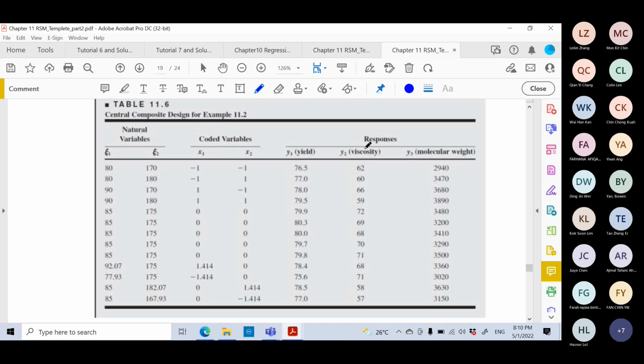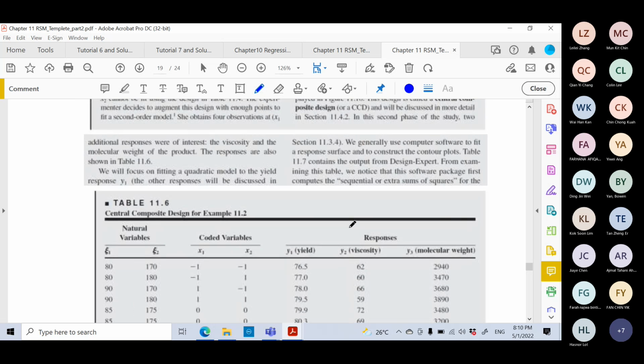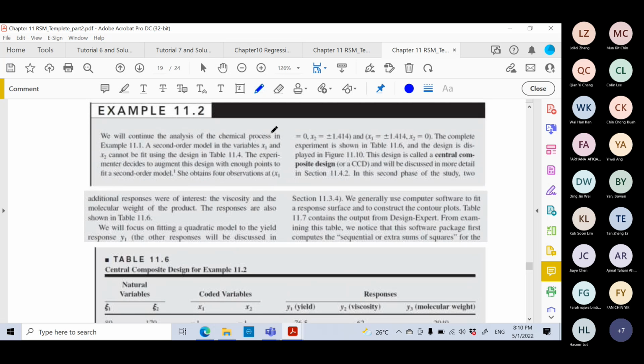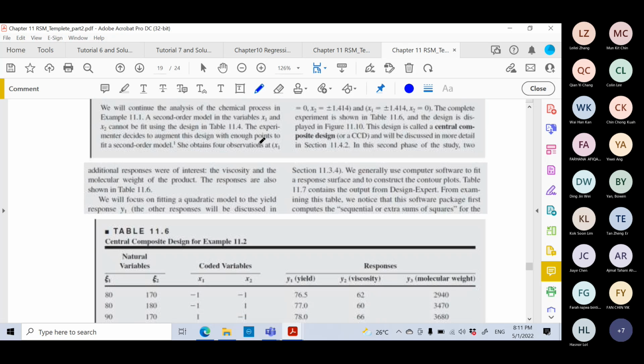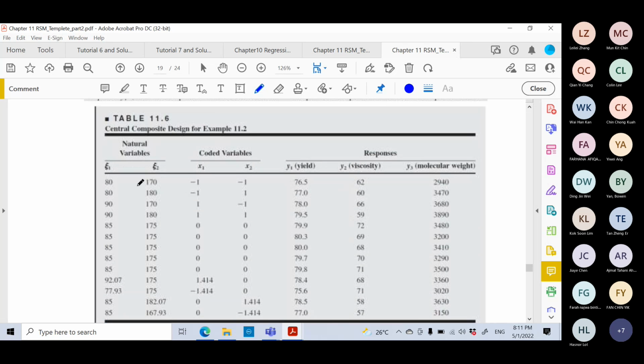So there are three different responses here. In the following analysis, x1 and x2 are the two important factors we consider, where the first variable is x1 and the second variable is x2. This is normally what you have studied before.